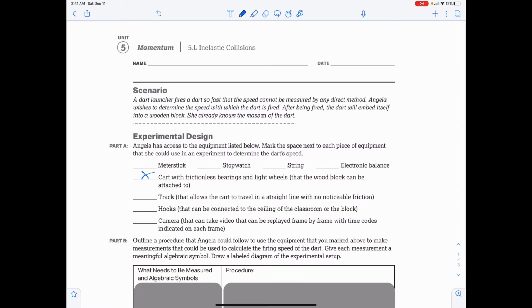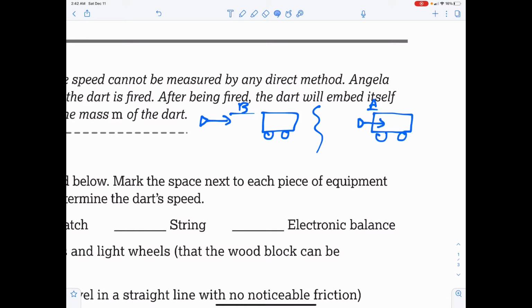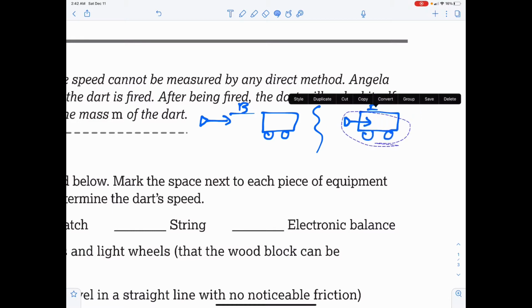If you picture this, you'd have the dart getting fired into the wooden block that's on the cart. And then afterward, the dart-block combination, so this is before, this is after, will be able to roll with a particular speed that you can measure.